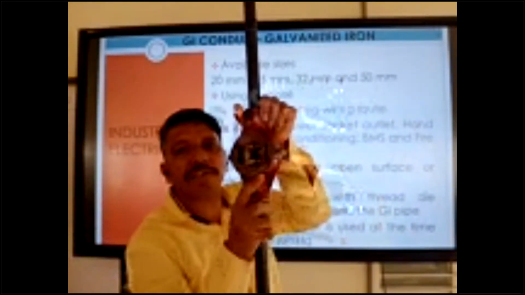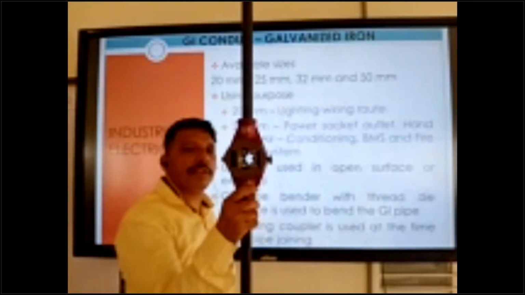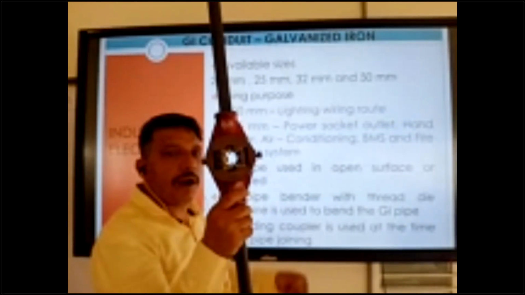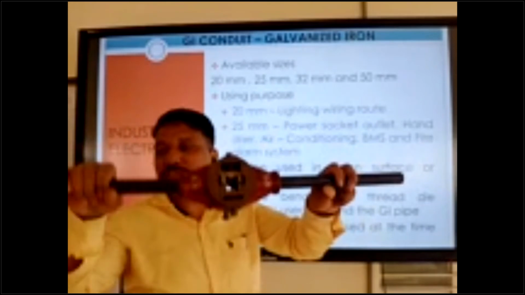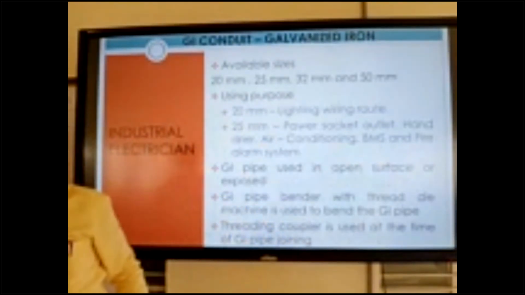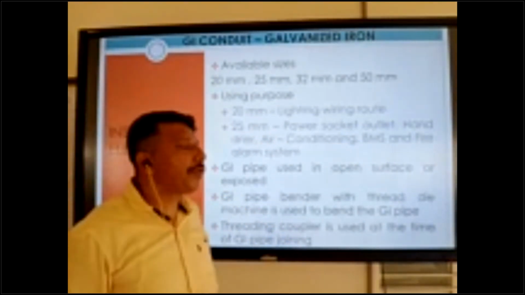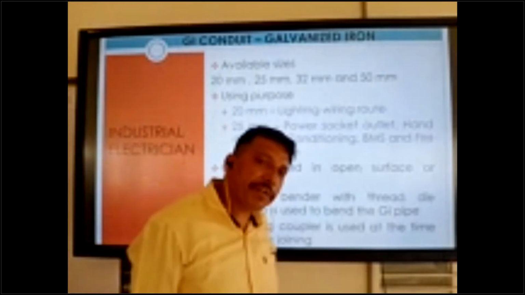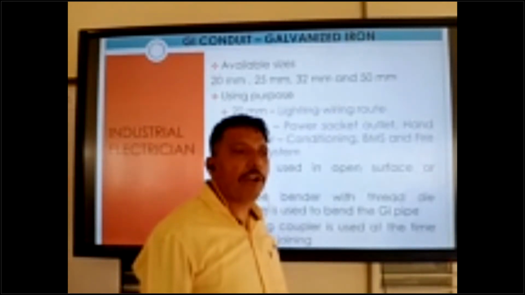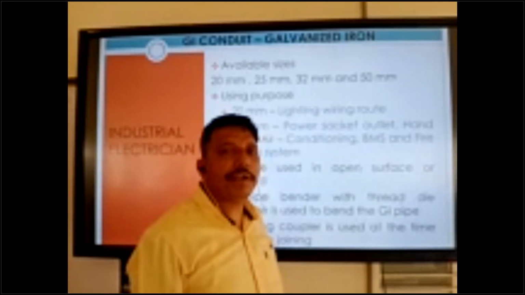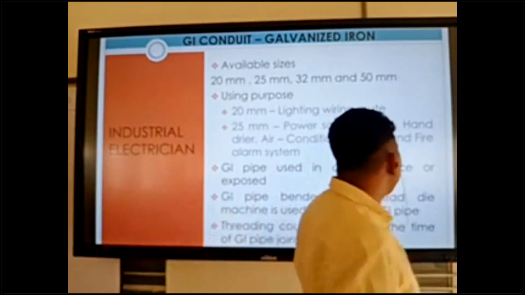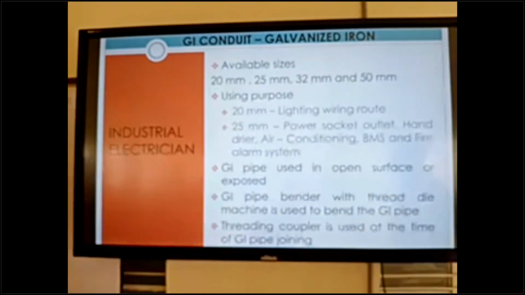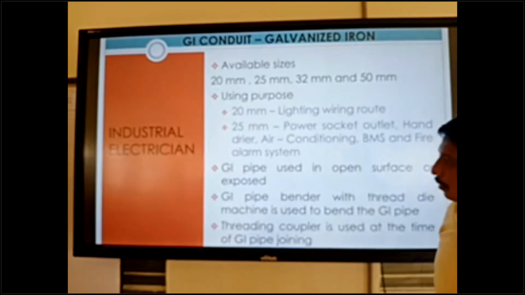Thread die is this one. For bending and threading we can use the thread die machine. It is available as per your conduit size, 20 and 25. Maximum we use 20 and 25 pipe.